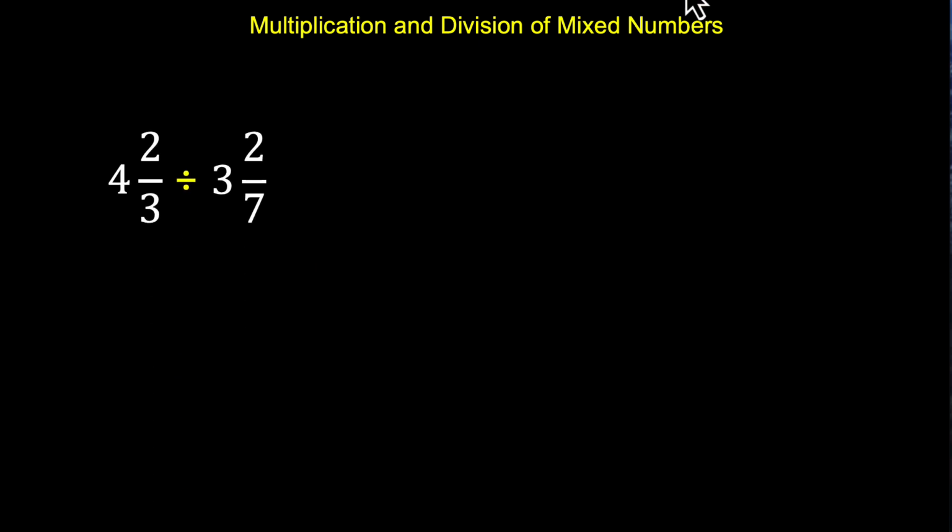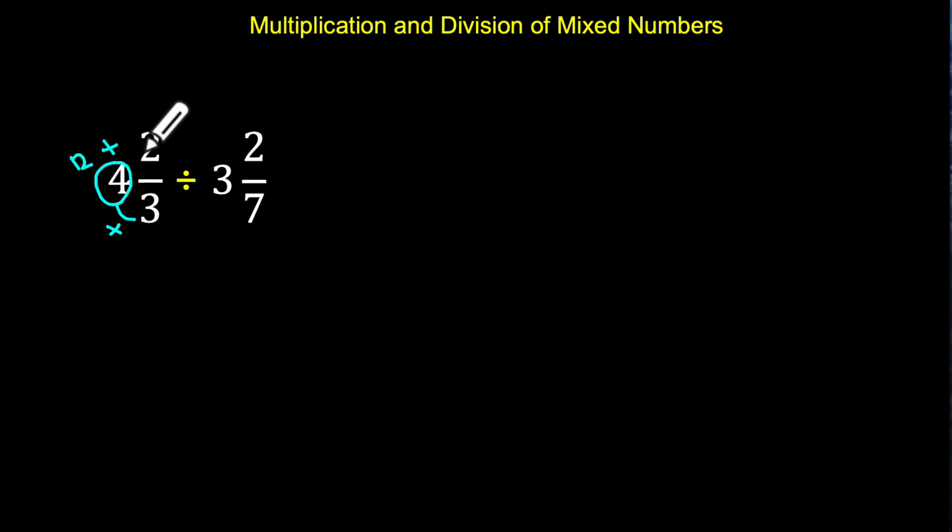Now let's divide two mixed numbers. Here we have 4 and 2 over 3 divided by 3 and 2 over 7. First, we need to rewrite these mixed numbers as improper fractions. So we multiply the whole number by the denominator, which equals 12.